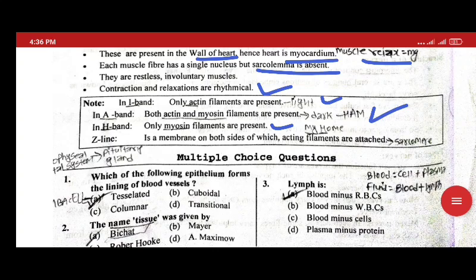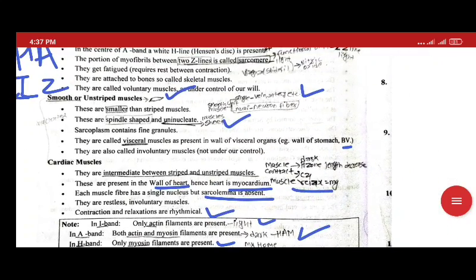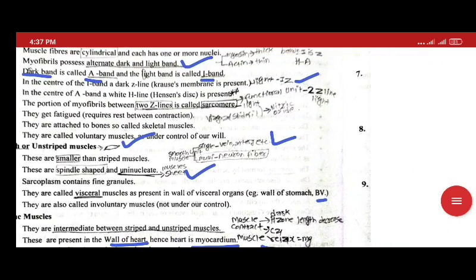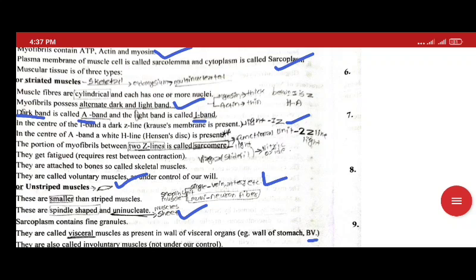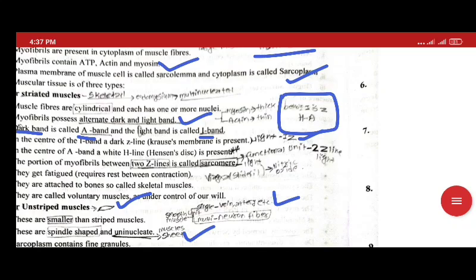HAM you should remember as a trick. Z line on sarcomere: two Z lines make one sarcomere. Here we have studied that between two Z lines is the sarcomere.